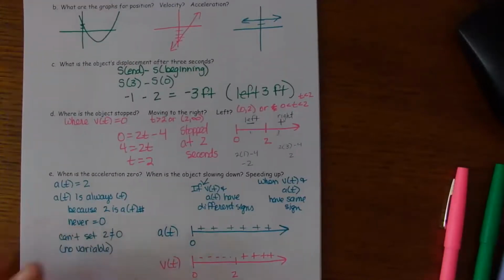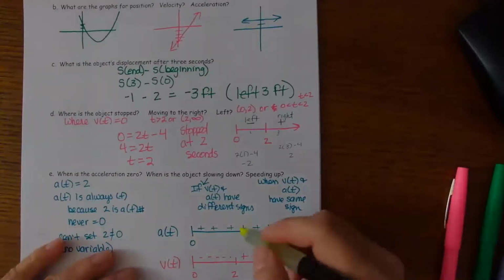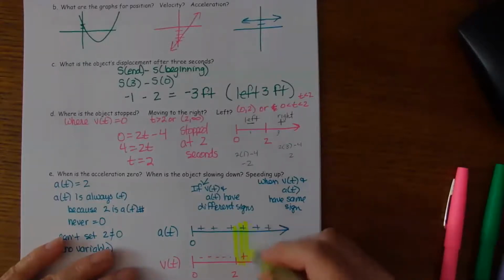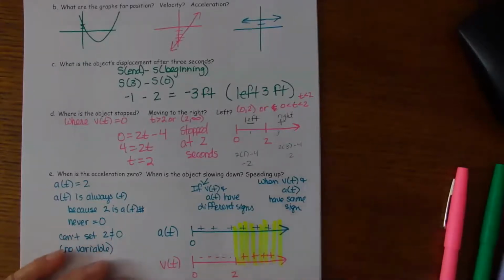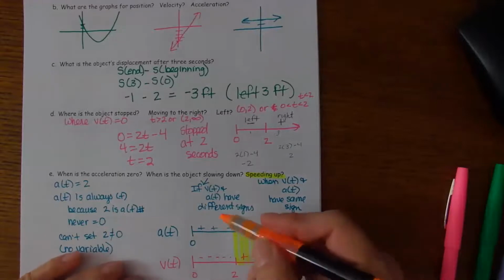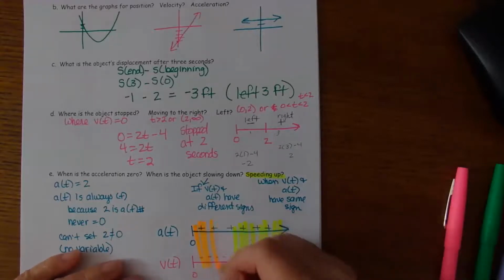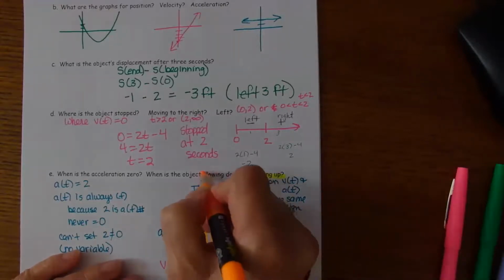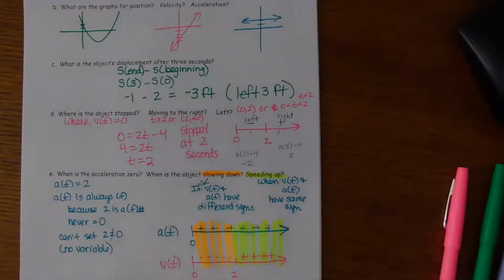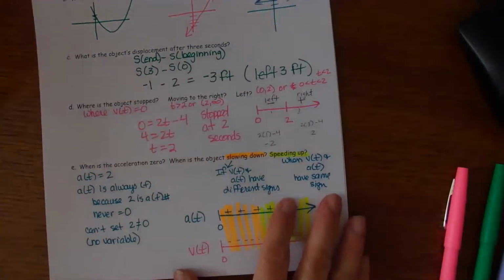So right here, we are speeding up because they have the same sign, correct? And right here, we are slowing down. So you may want to highlight. It makes it very easy for your eyes to see that.